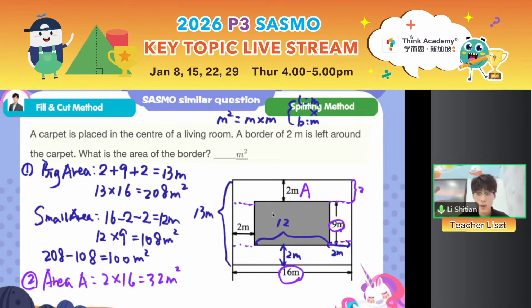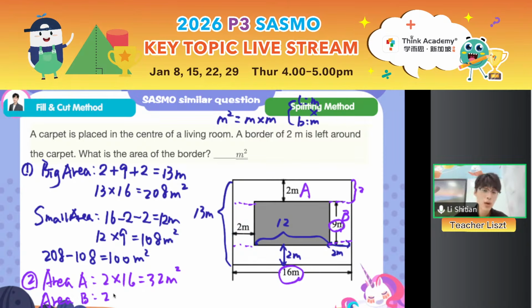Okay, so now what about the area of rectangle B? What is the area of it? Do we know the length of rectangle B? Of course, right? It is 9. The question tells us it's 9, guys. What about the breadth? 2, right? The question tells us it is 2. So we know the length, we know the breadth. Can you guys find out the area of it? Of course, right?